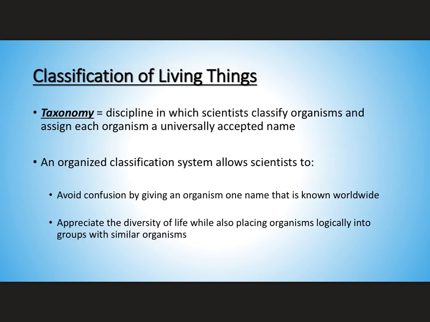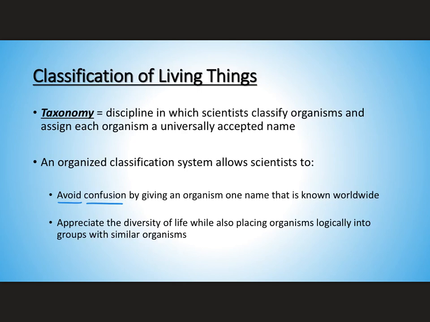Now, we've sought to do this for literally hundreds of years now. Scientists realized, as we'll talk about here in a minute, a couple hundred years ago, that having an organized classification system allows scientists to collaborate or work together a lot more easily because it helps avoid confusion, right?